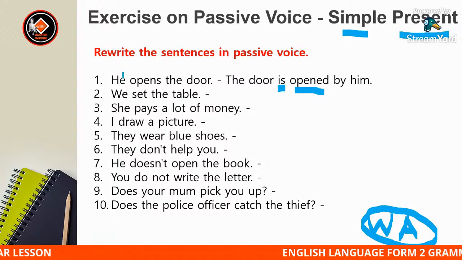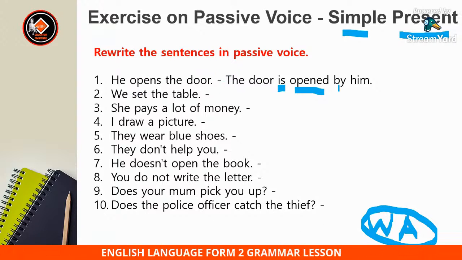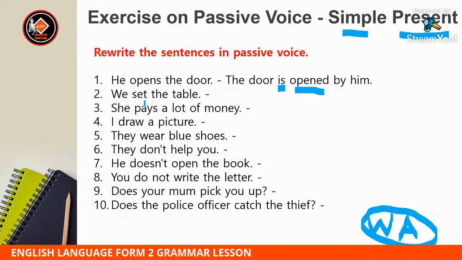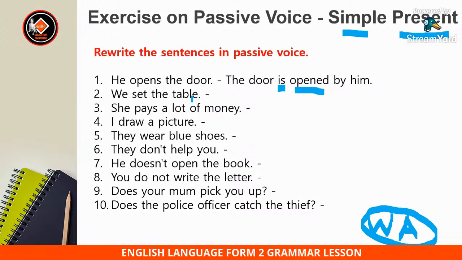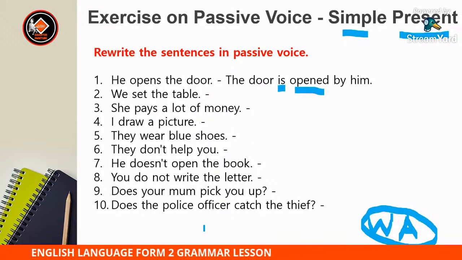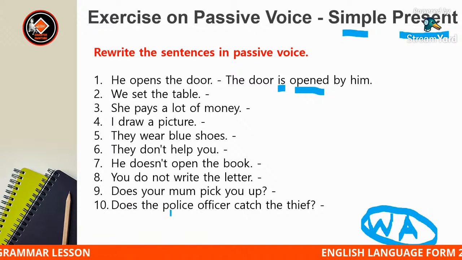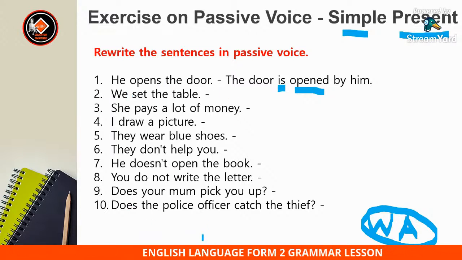Okay. So number 1, he opens the door. You should write the door is opened by him. Number 2, we set the table. Set the table means you put plates, bowls, spoon, fork, everything on the table. For example, your mom is cooking, then your mom calls you, Ida, set the table. Or Ida, can you please set the table for me?